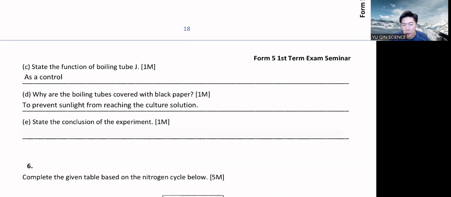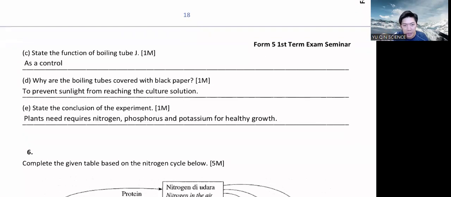Okay, last one. Conclusion. Conclusion means there are these three nutrients that are very important: the nitrogen, the phosphorus, and the potassium are very important for the growth. So this conclusion is sort of a fixed answer. This experiment is not to compare something.